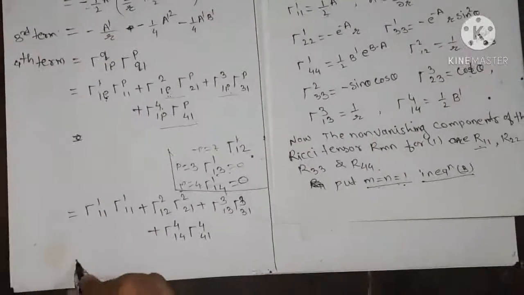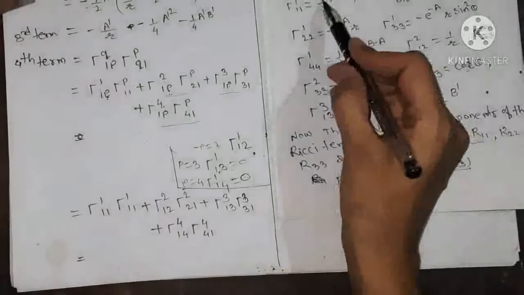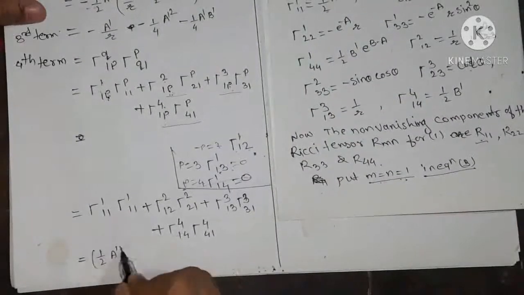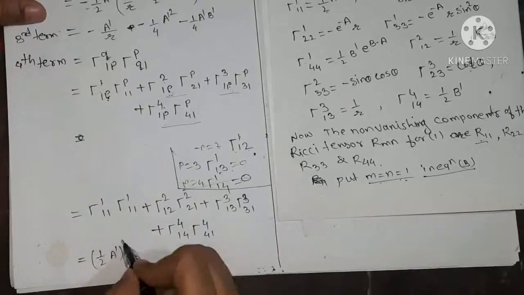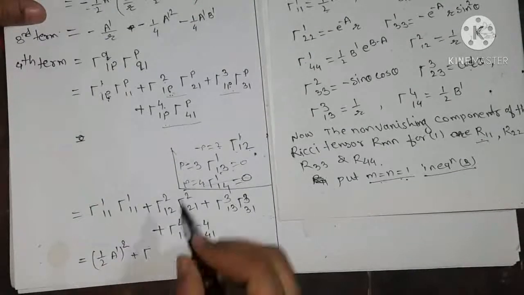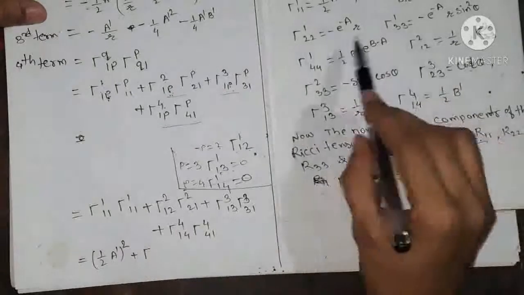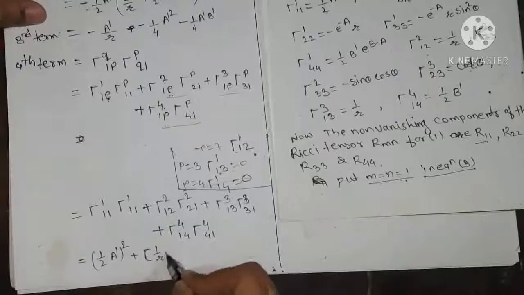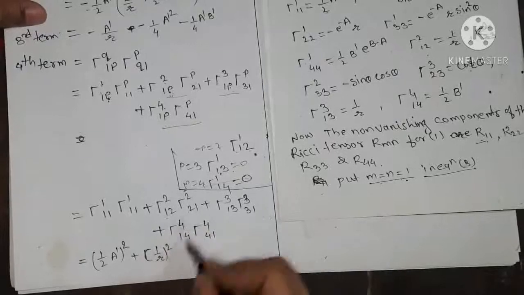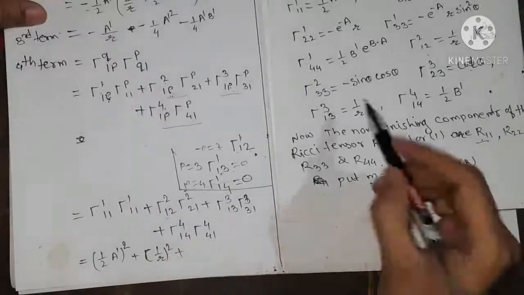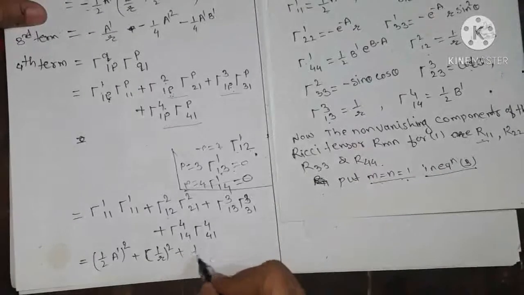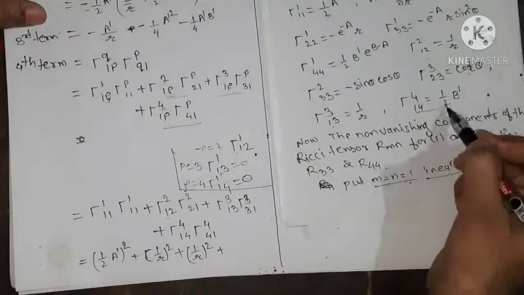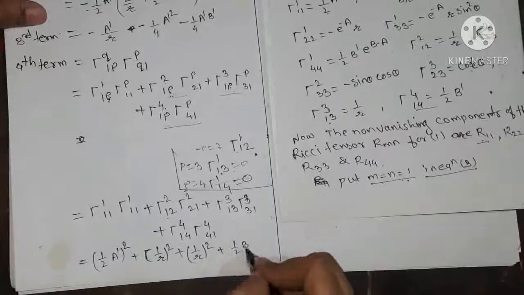The values of this are: gamma of 1, 1, 1 is 1 upon 2 a dash, and again 1 upon 2 a dash, so it is squared, plus gamma of 2, 1, 2 and gamma of 2, 2, 1, whose value is 1 upon r, so in bracket 1 upon r squared because it is a multiplication, plus 3, 1, 3, whose value is 1 upon r, squared, plus the value of 4, 1, 4, which is 1 upon 2 b dash, squared.